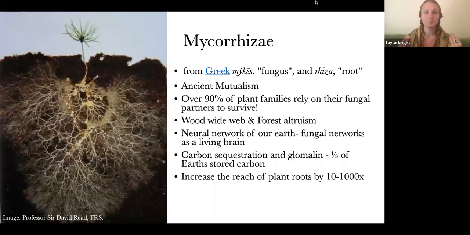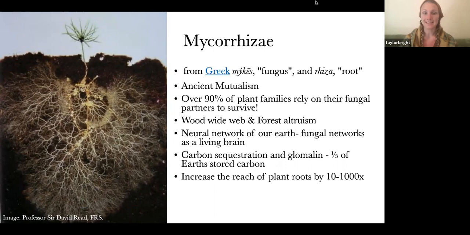These are mutualistic relationships, what we like to call obligate symbioses, which means that they are both dependent on one another to survive. Between the root of a plant and the mycelium of a fungus.